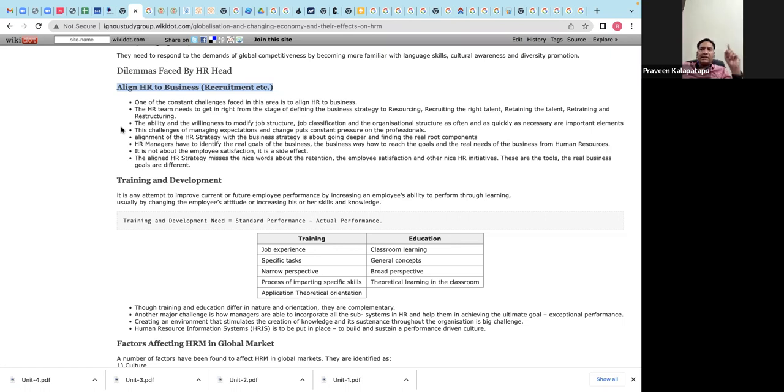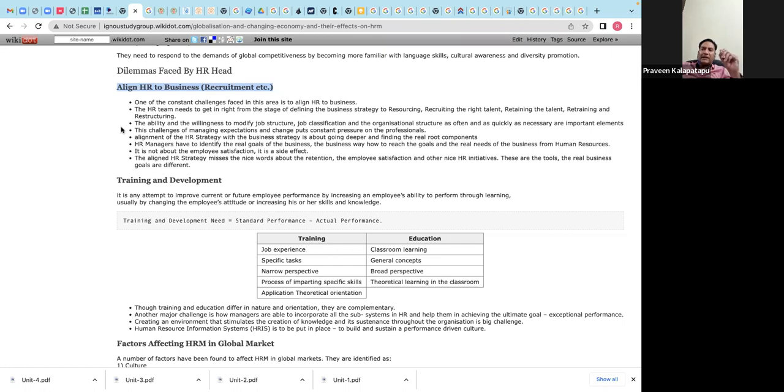All these things need to align to the business strategy. So, ability and willingness to modify job structure and job classification. When there is a structural change, HR should be able to redesign the job structure and job classifications.